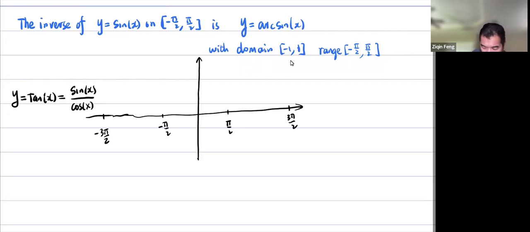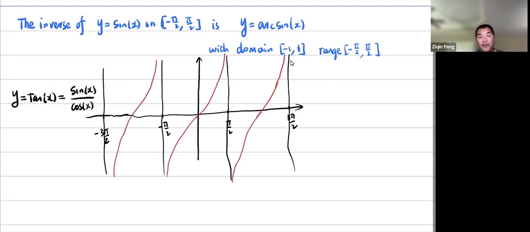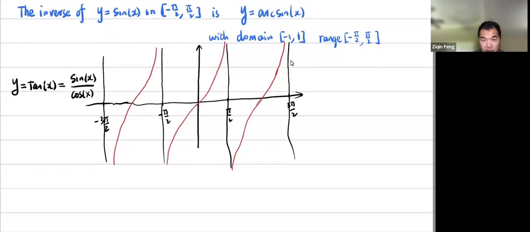You have vertical asymptotes, which means the graph of this function gets closer and closer to the asymptote but never touches it. So that's one piece. There's another piece, and a third piece here. So there are infinitely many pieces of this function.